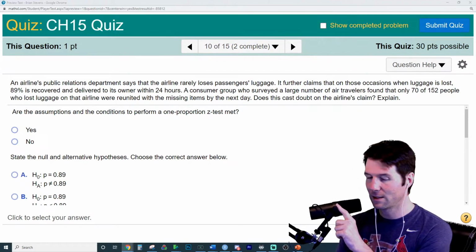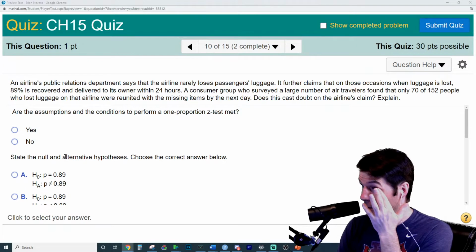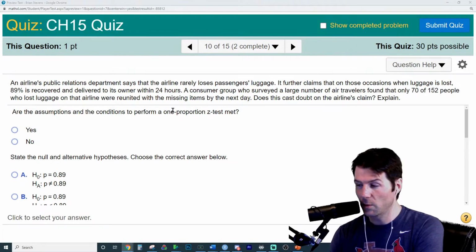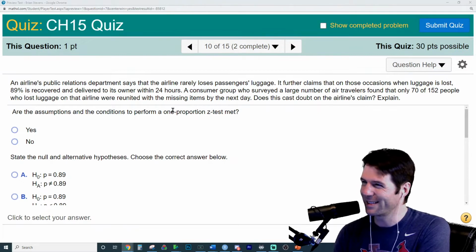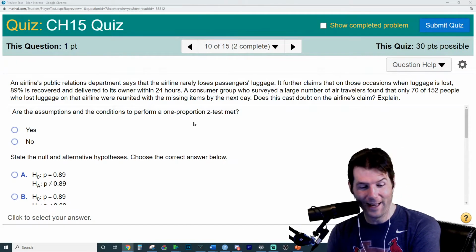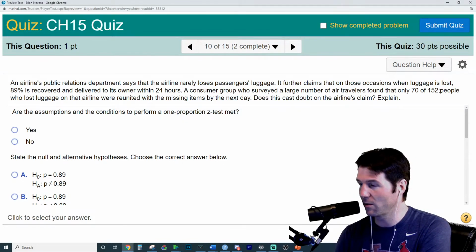Excellent work, Layla. Are the assumptions and the condition met for a z-test? And this is a one proportion z-test. So what we have right here is we need to randomly select observations. Sure, assume random. And we need to select less than 10% of the population. Well, 152 would be less than 10% of all passengers.